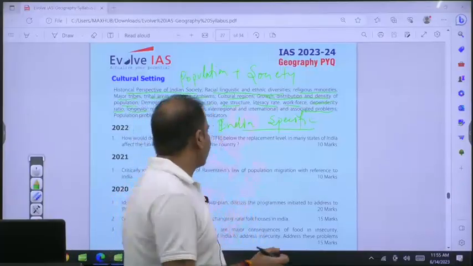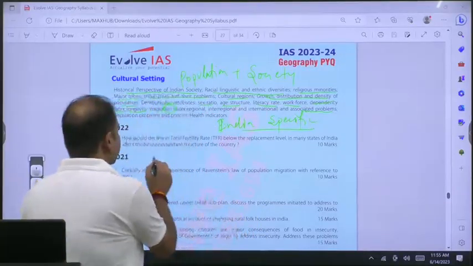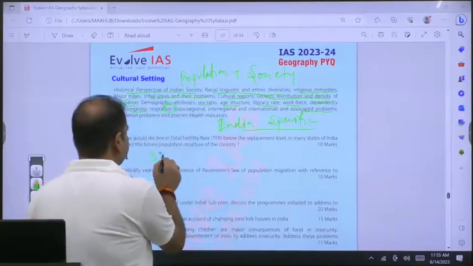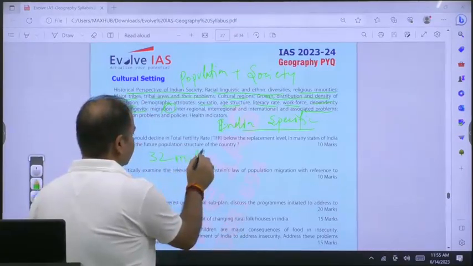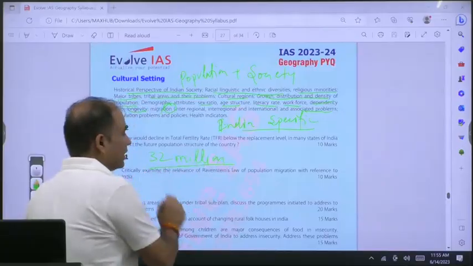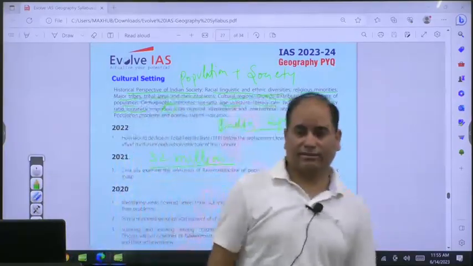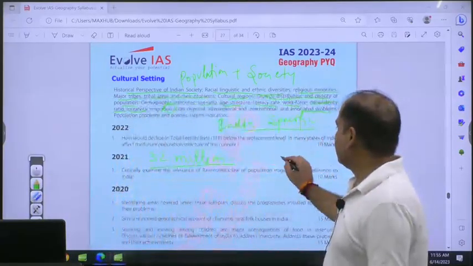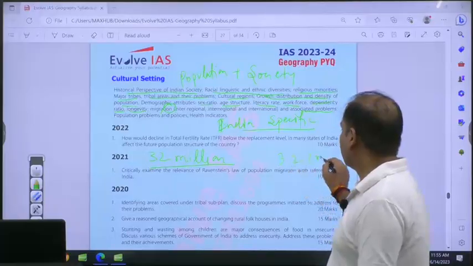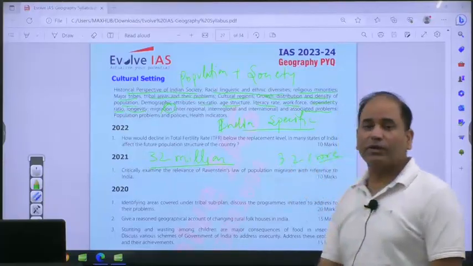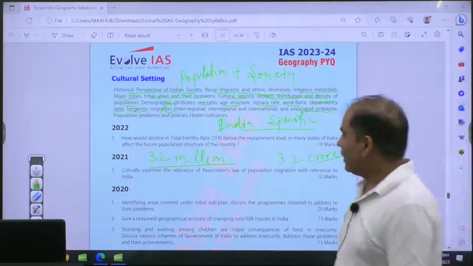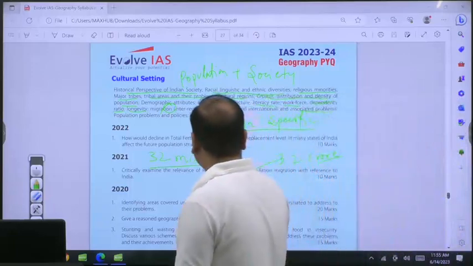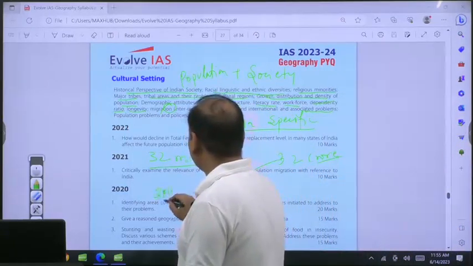As per rough estimate, the present population of Delhi is around 32 million. So it is around 3.2 crores. And as per the last census, कब हुई? 2011.